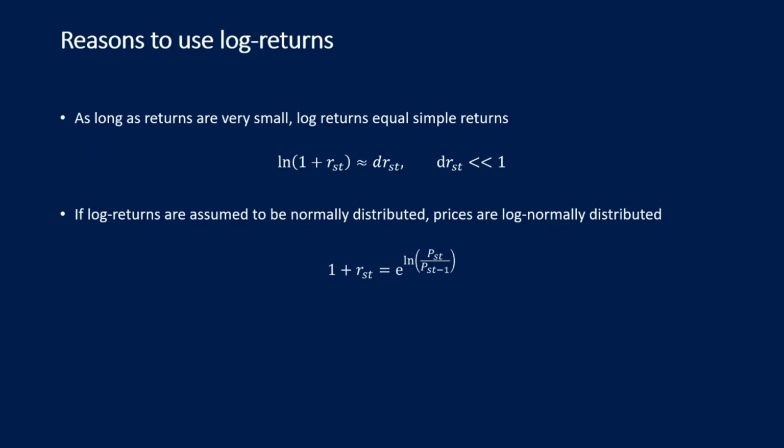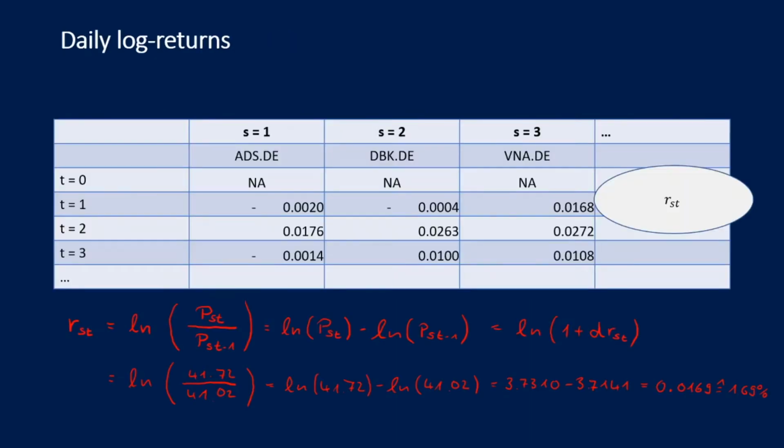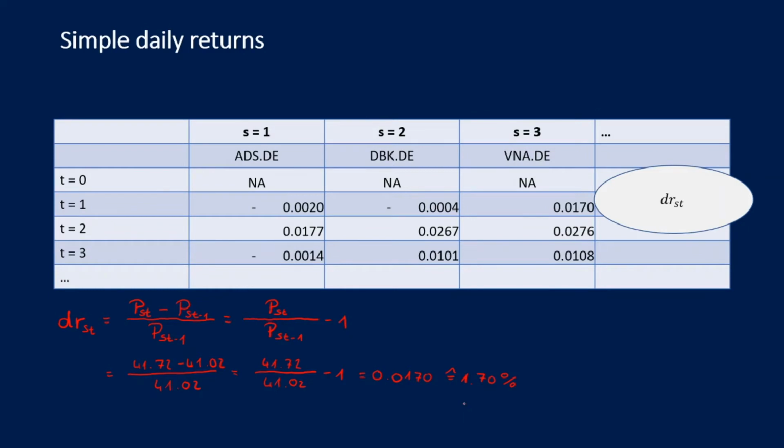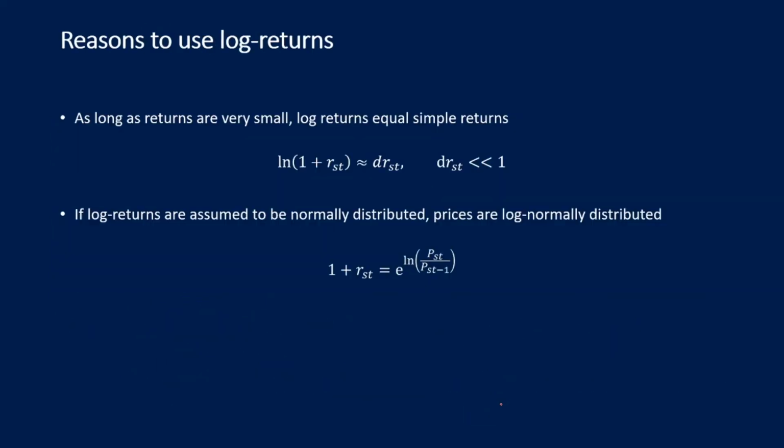So, what are the reasons to use log returns? As we have just seen, the log returns and the simple returns are quite close. If we just go back, we see here 1.69% and we see here 1.70%.